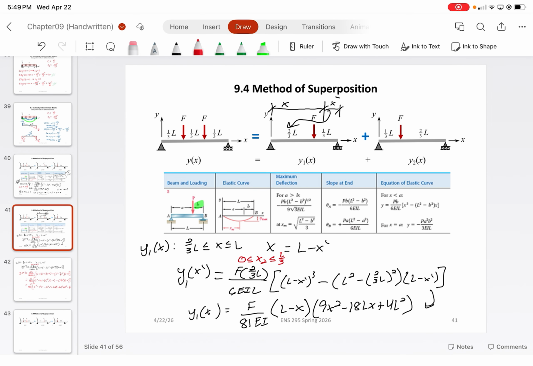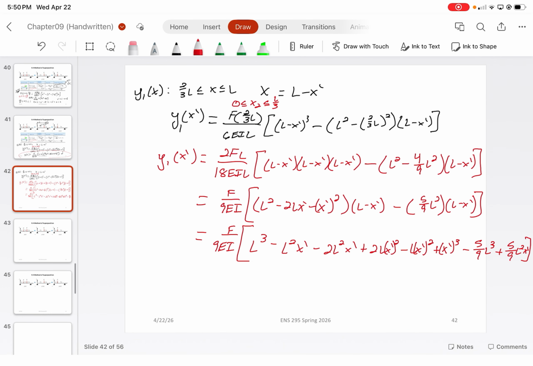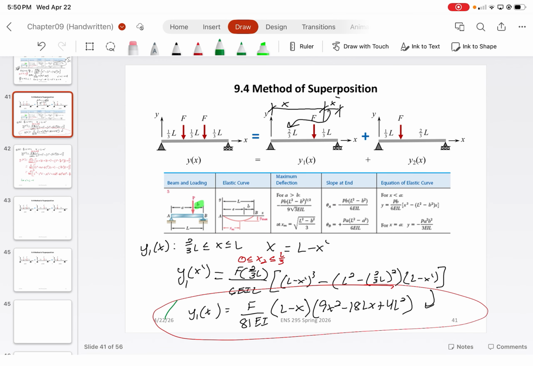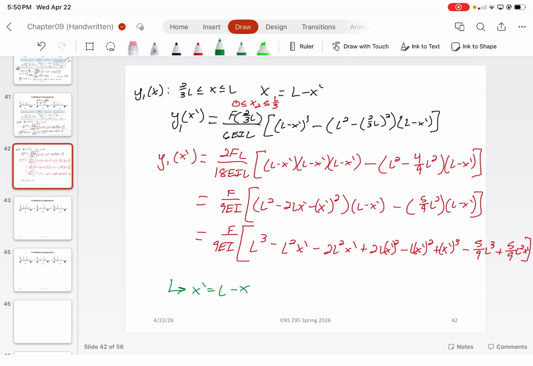And then that should simplify to this. So you guys get where I'm going with this, right? And then once you simplify all of that, just replug x prime equal to L minus x, and that should give you the answer that was at the beginning of this page. Right, so it's simplify this, plug in that, redo everything, done.